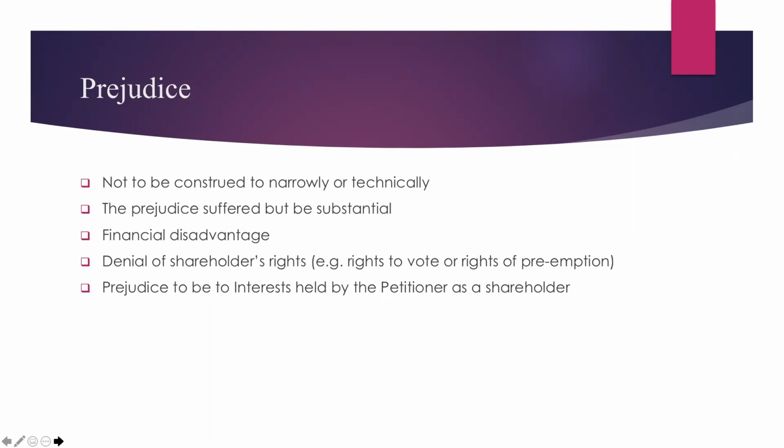So prejudice to his ability to enforce the loan made at that stage may well involve sufficient prejudice to his interests as a shareholder, even though strictly it is in relation to his lending that the enforcement suffers.